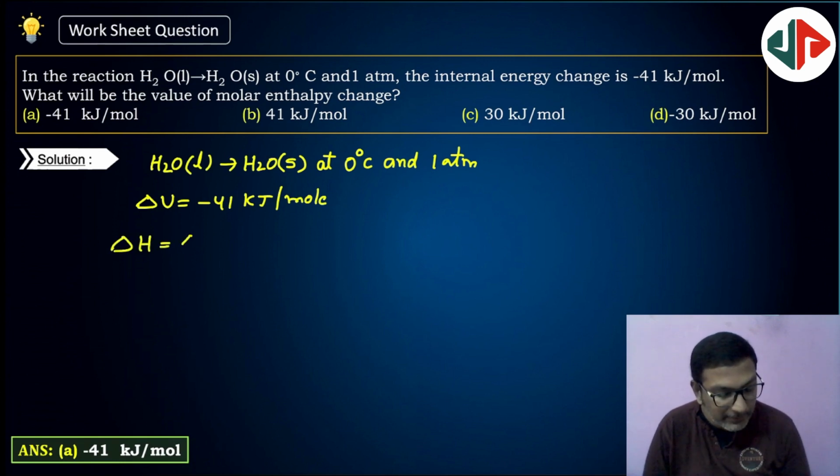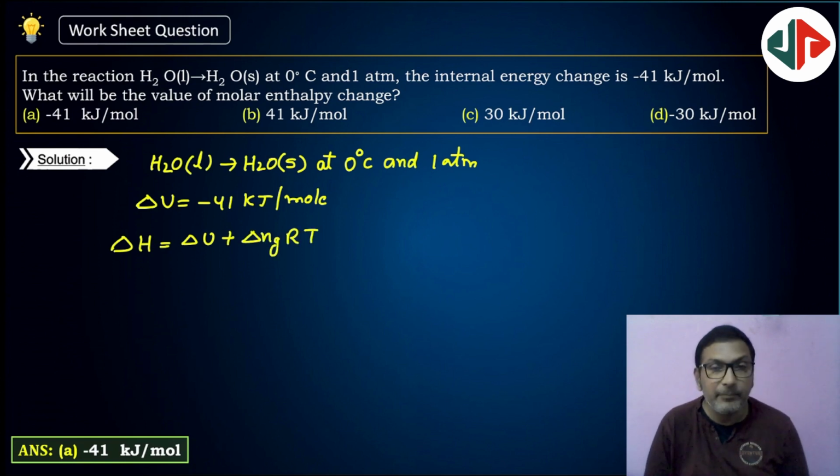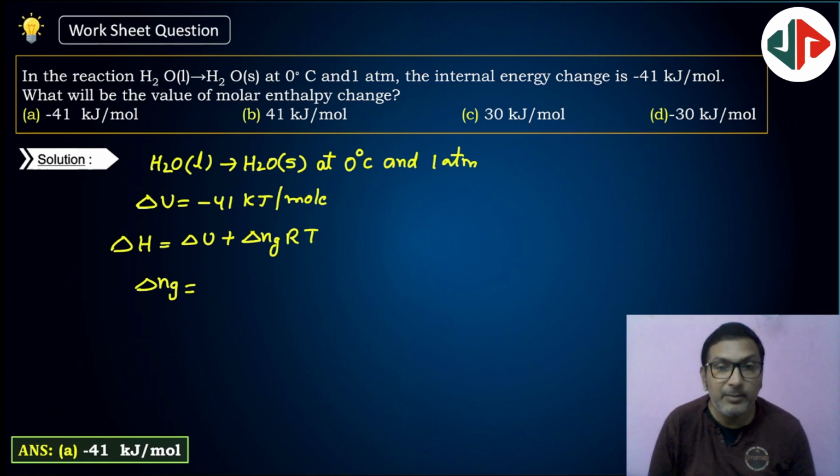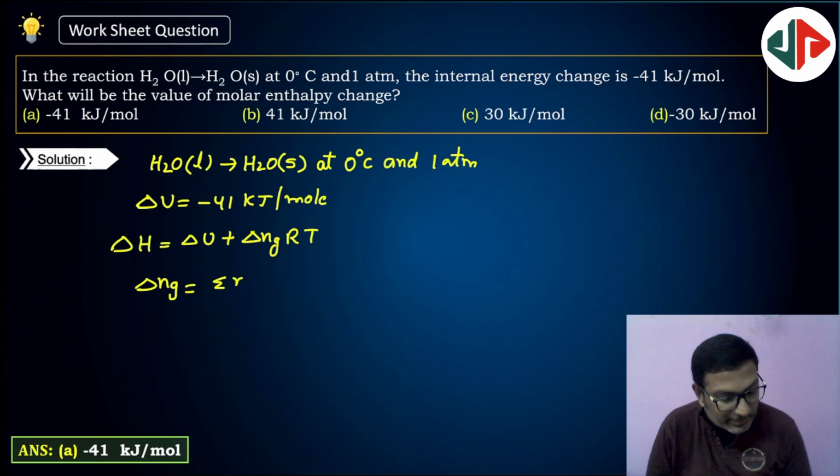Delta H equal to, we know, delta U plus delta Ng into RT. So delta Ng is change in number of moles of gaseous products and gaseous reactants, that is summation of n of products which are gases minus summation of number of moles of reactants which are gases.